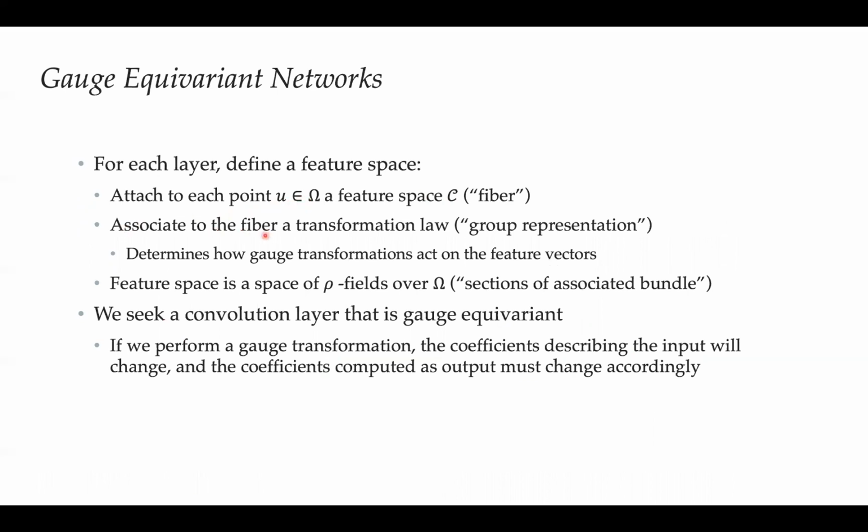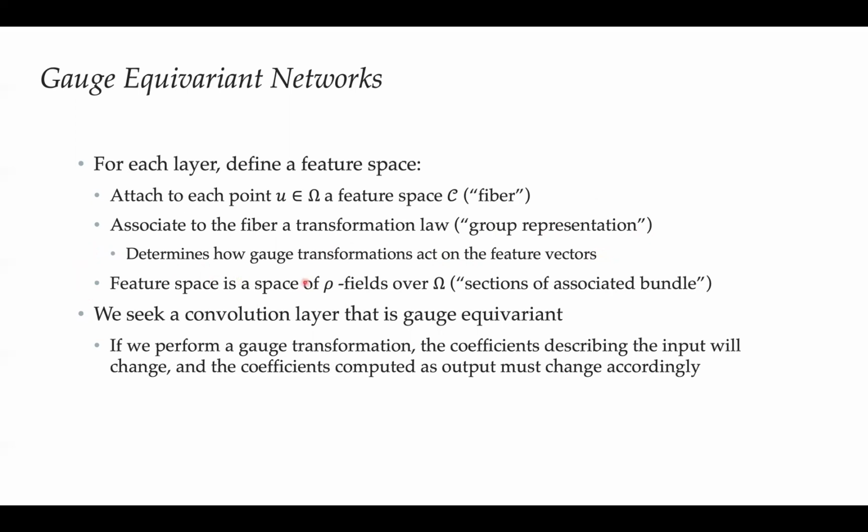This fiber or feature vector is associated with the transformation law or group representation rho that determines how gauge transformations act on the feature vectors. Again, think of the example of tensors and vectors as two different ones, or scalars also, as they transform according to a trivial representation. They're invariant.